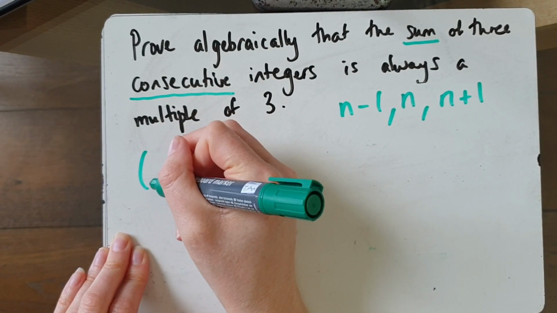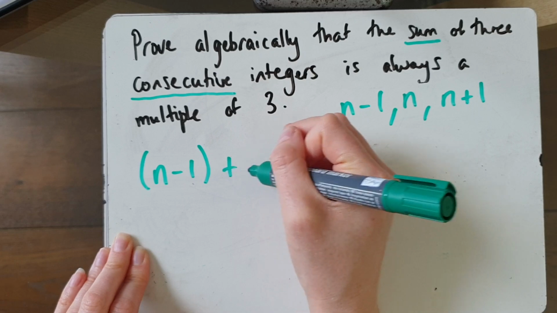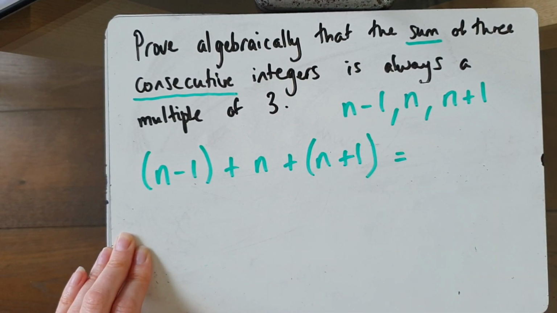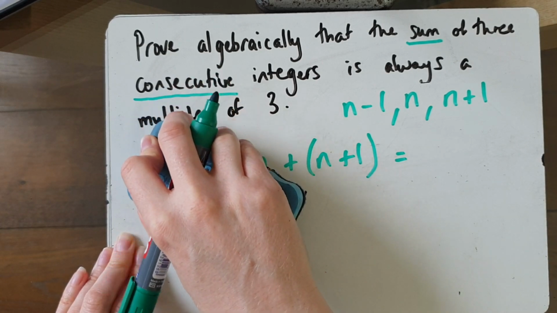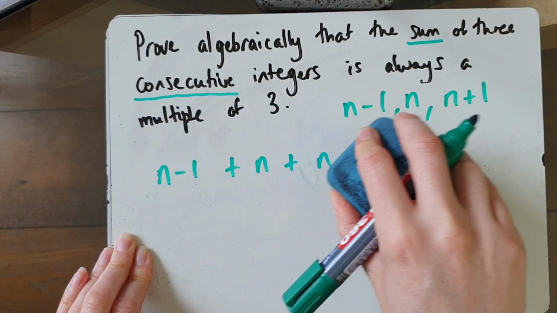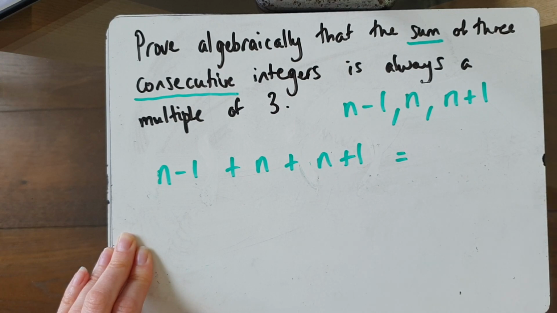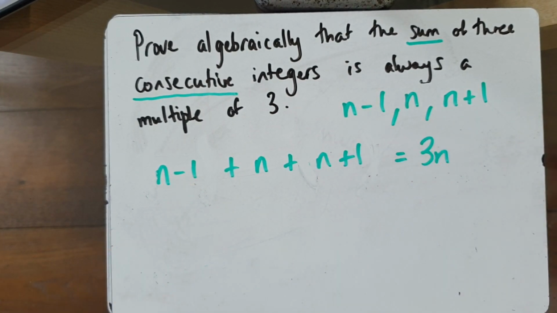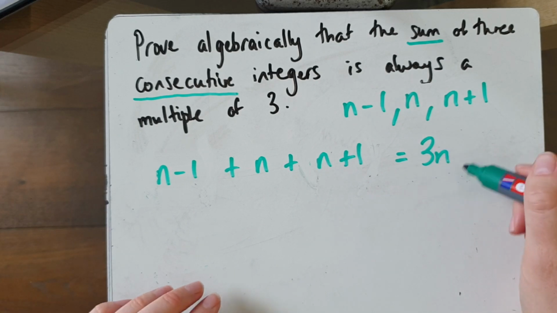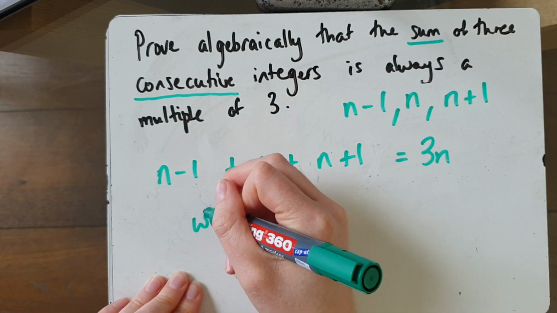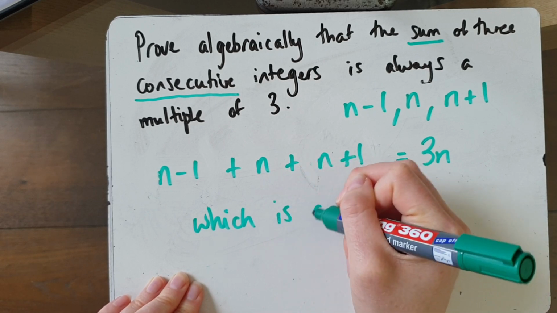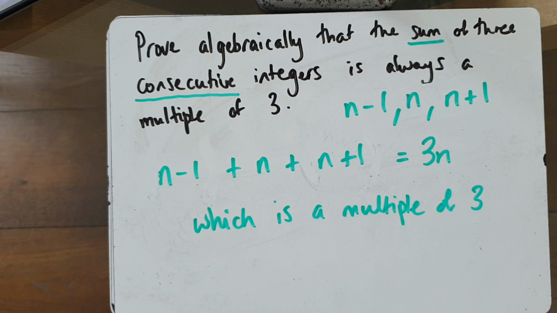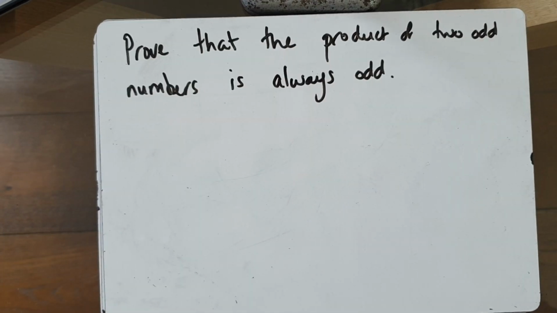Then when we add them together, n minus 1 plus n plus n plus 1, taking out the brackets now because it's addition, I can just add. 3n, minus 1 plus 1 makes 0, they cancel out. So I just get 3n, which is a multiple of 3. And that's it.